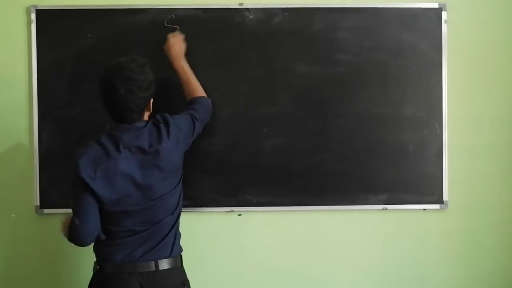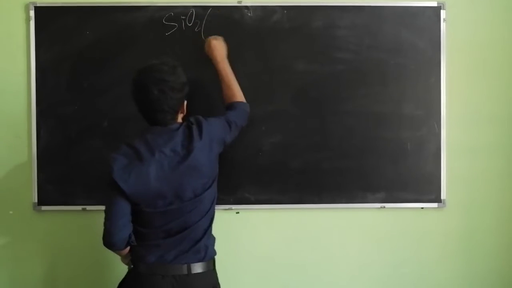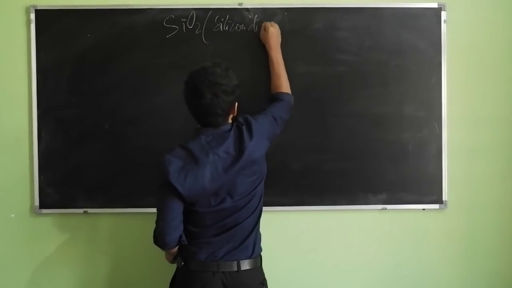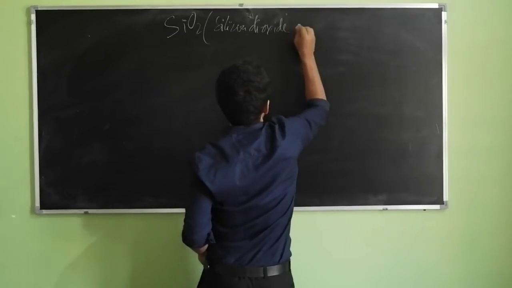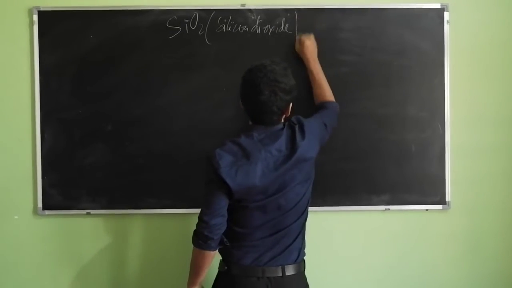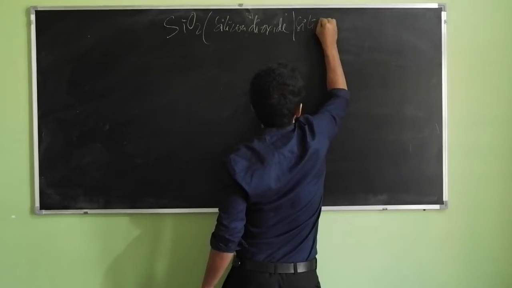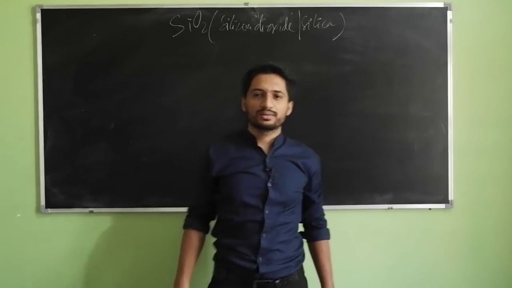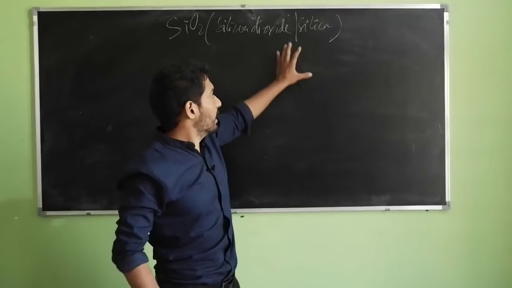Okay, let's study SiO2. SiO2 is silicon dioxide. It is also known as silica. It is a major component of sand. Alright, so it is found in sand.